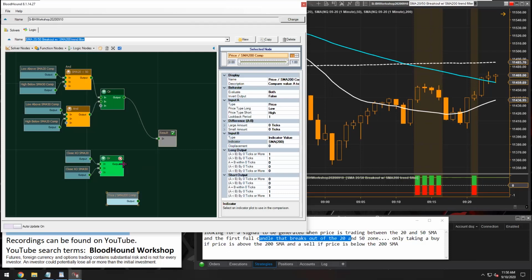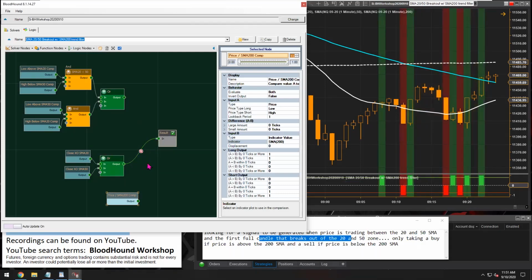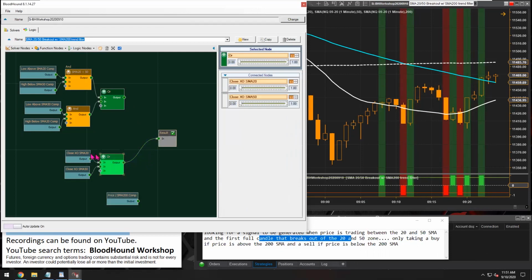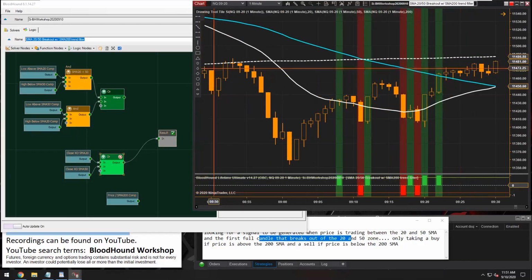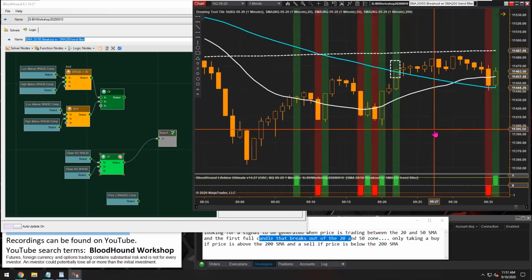Let's see. I just thought of something else here. These crossover conditions are also non-directional. So if we look at this situation here, the closing price crossed above the 50, but remember the bars are below the SMA 200.